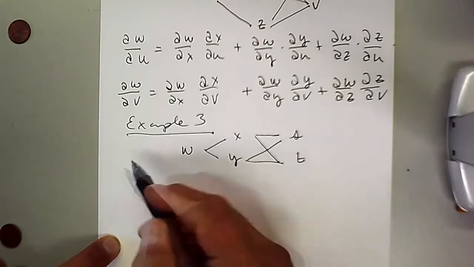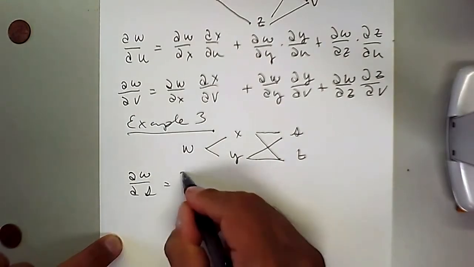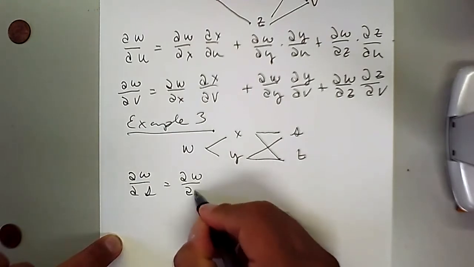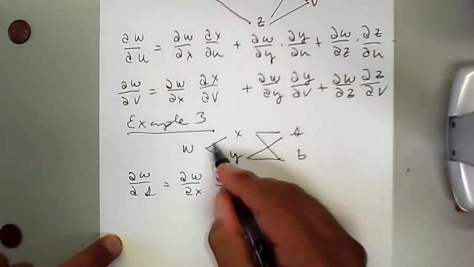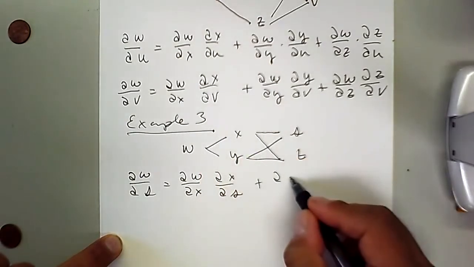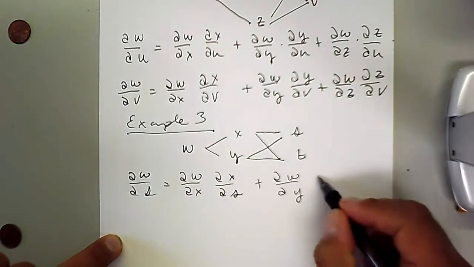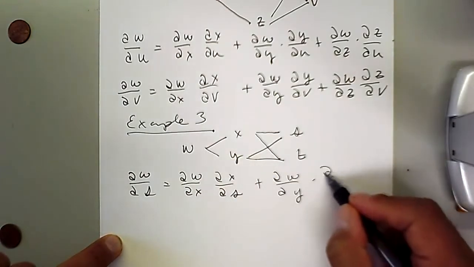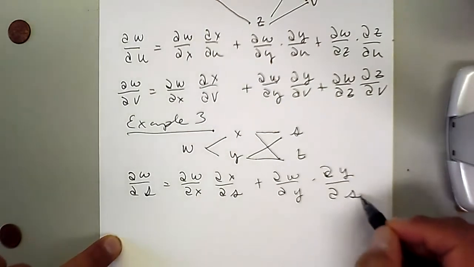So the partial of W with respect to S is partial W with respect to X, partial X with respect to S, that's this path, plus partial W with respect to Y, but then we multiply by the partial of Y with respect to S.